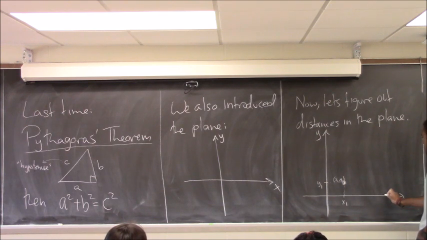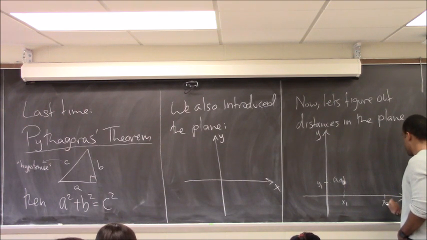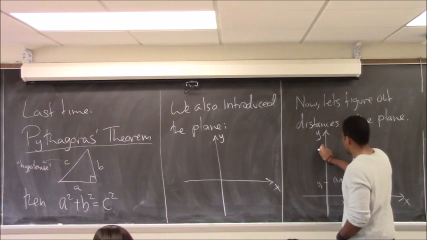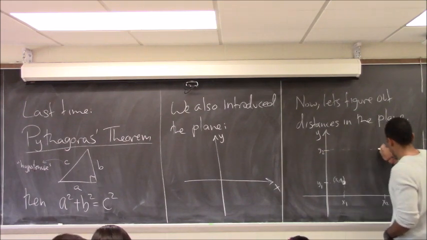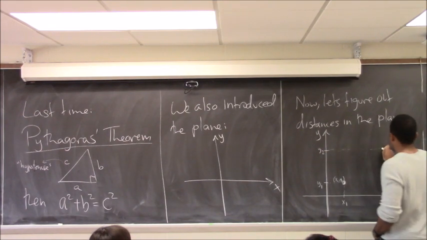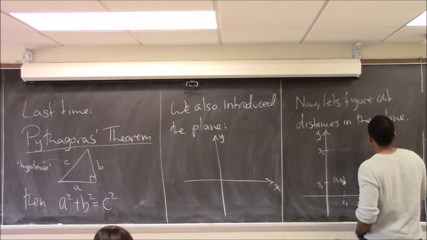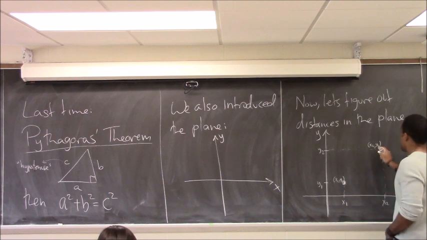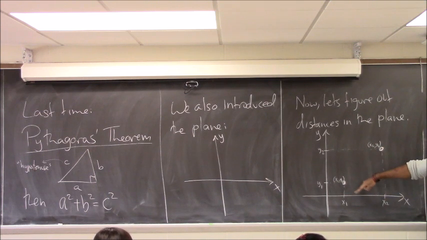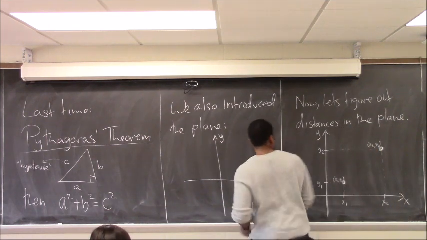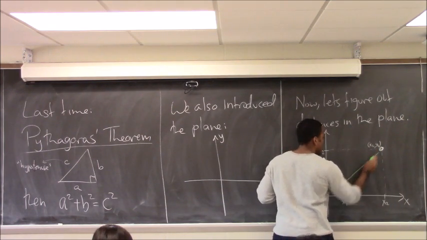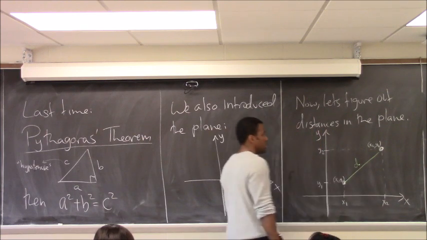We can have another number along the x, call it x2, corresponding number along the y, call it y2. And so we can have the point x2 comma y2. The first coordinate tells you the number that's on the horizontal, the second coordinate tells you the number that's on the vertical, and we care about this distance here, d.